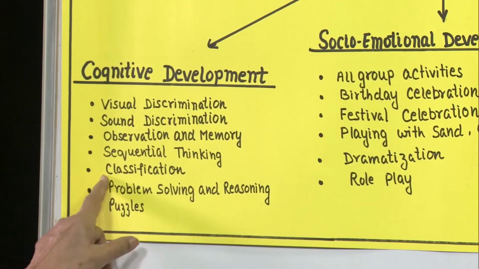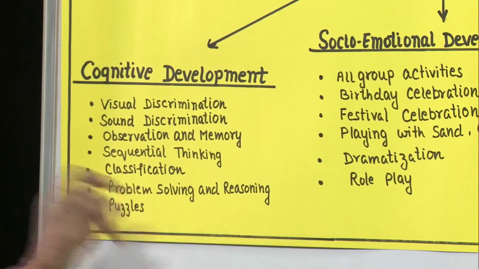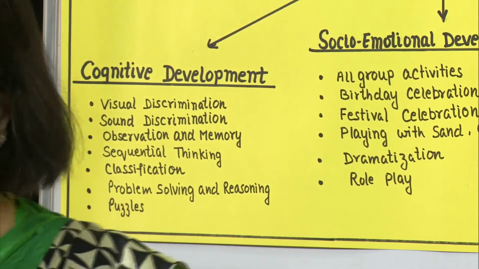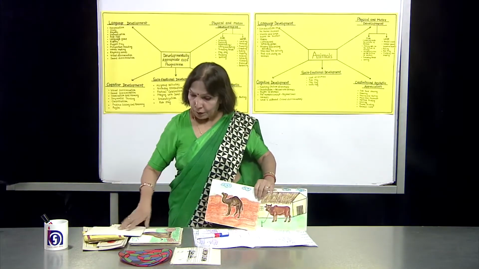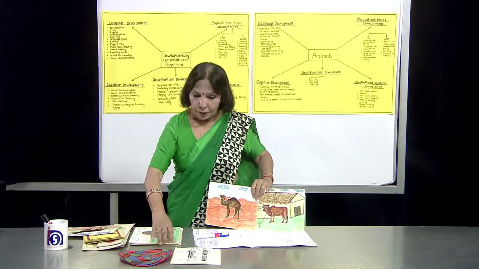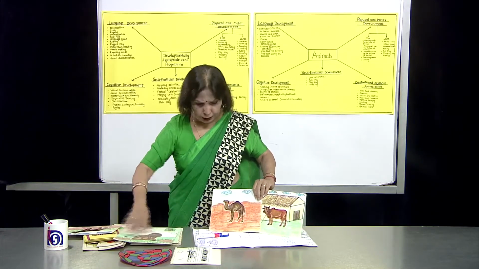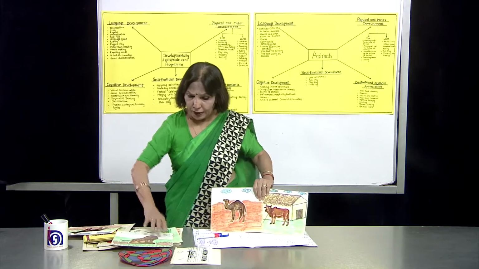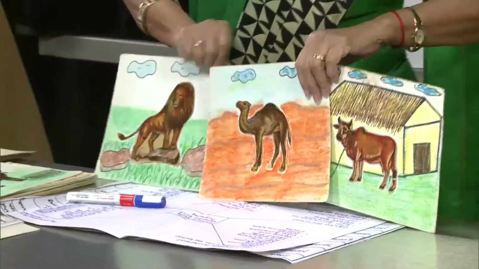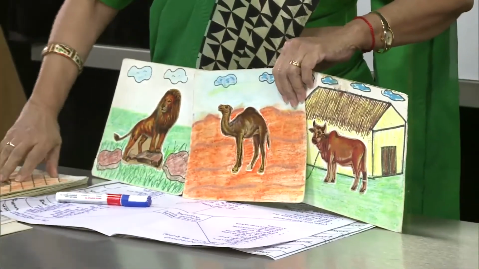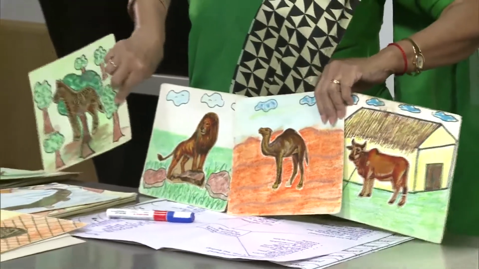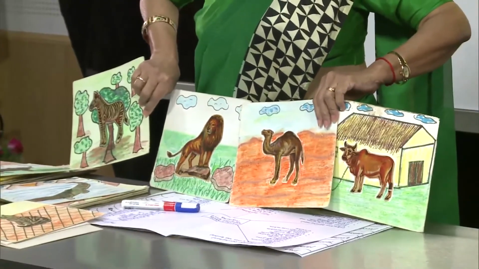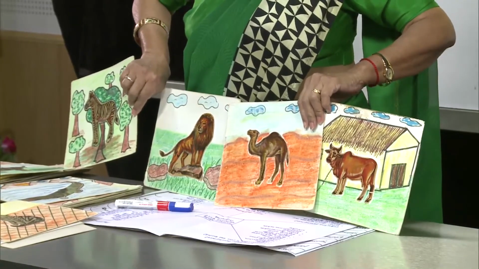And then classification. Now, what is classification? Maybe these are pictures and you can ask the children to classify these pictures. So, these are zebra, lion, camel and cow.